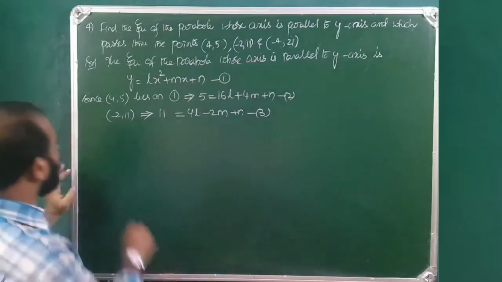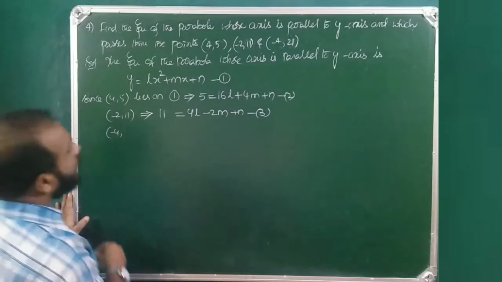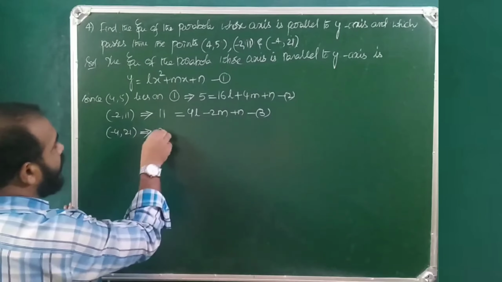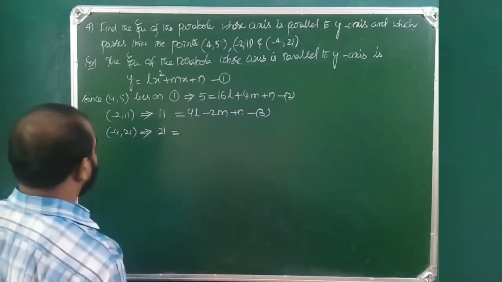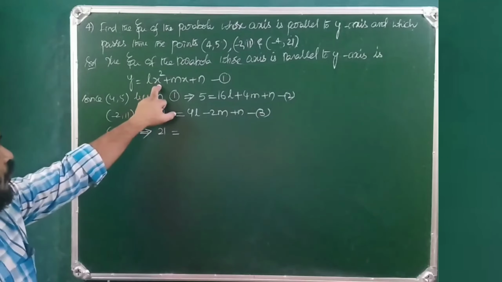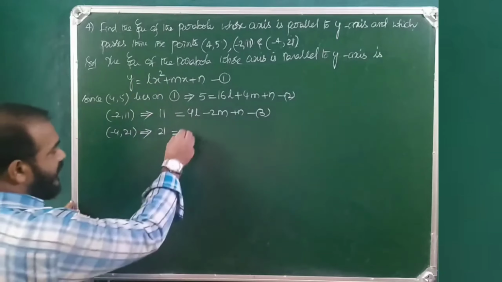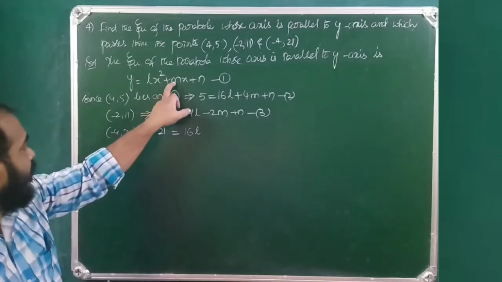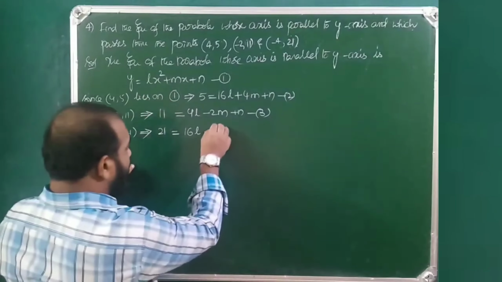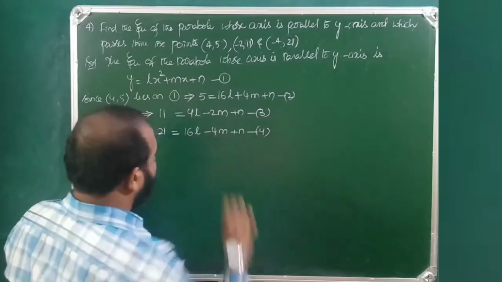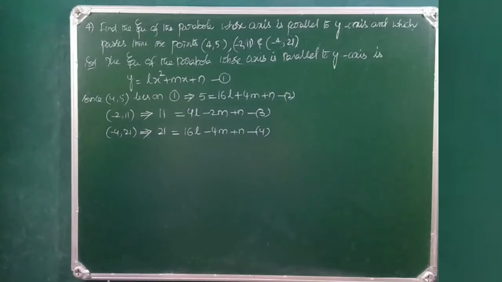And minus 4 comma 21 also lies on it, implies 21 is equal to minus 4 square 16 into L, 16L. Next, m into minus 4, minus 4m plus n. This is the fourth equation.